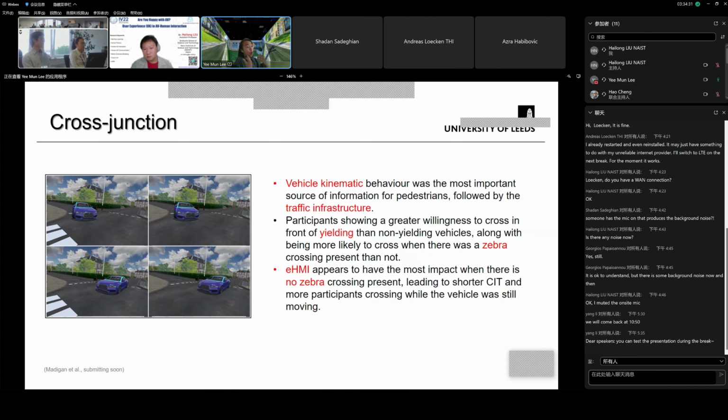Only when there is no zebra crossing, so there's no infrastructure. So again, it shows us that the eHMI is more useful in no right-of-way situations or a bit more ambiguous situations. And when there is a zebra crossing, people use that to make their crossing decisions instead.